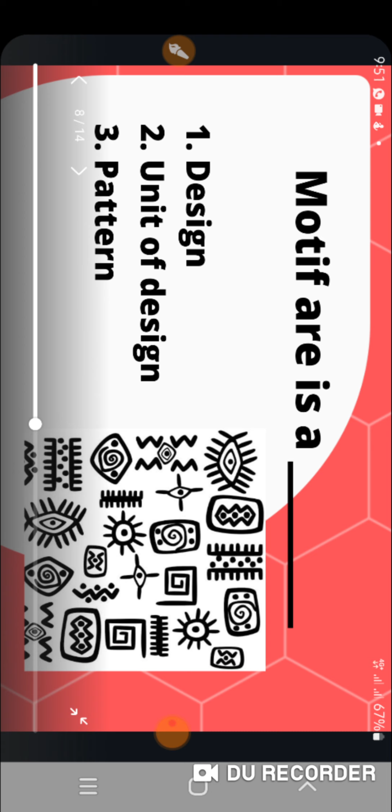You have to answer this question right now. The question is, motif is a dash. Is it a design? Is it a unit of design, or is it a pattern?